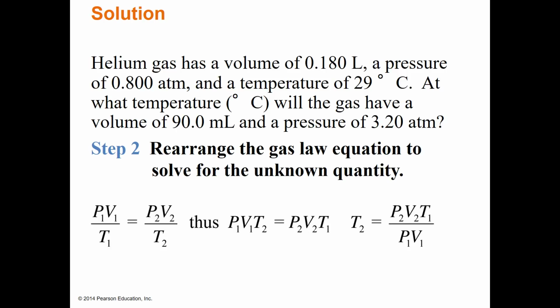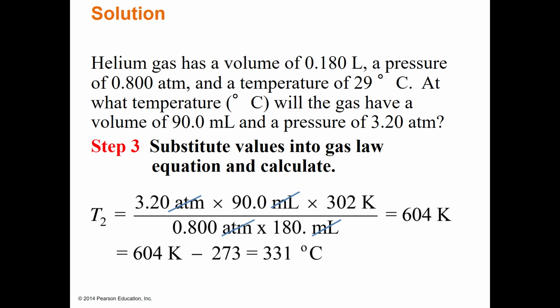Make sure you always write your formulas down first. And then plug in your variables, and don't put numbers into the calculator directly. It does not help. All right, so pressure 1, 0.80 atms. Volume 1, 0.180 liters. And then temperature 1 was how much? 29 plus 273? 302 Kelvin.